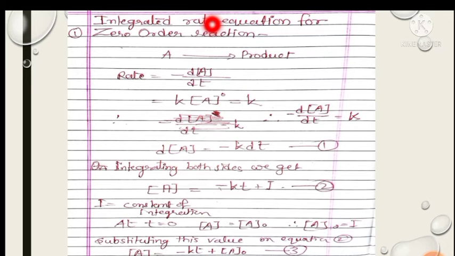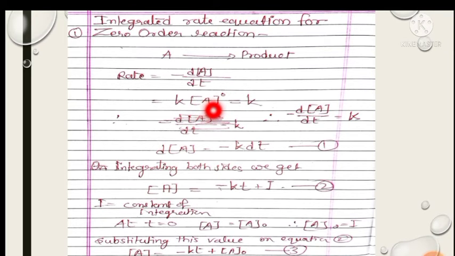So how can we calculate the integrated rate equation for a zero order reaction? Suppose A is a reactant forming a product. So what will be the rate? The differential form will be minus dA upon dt, which, because this is a zero order reaction, will be equal to k A0.